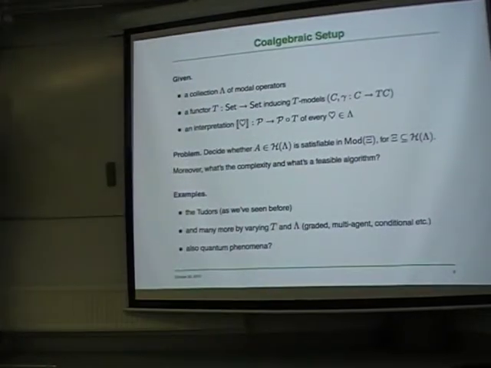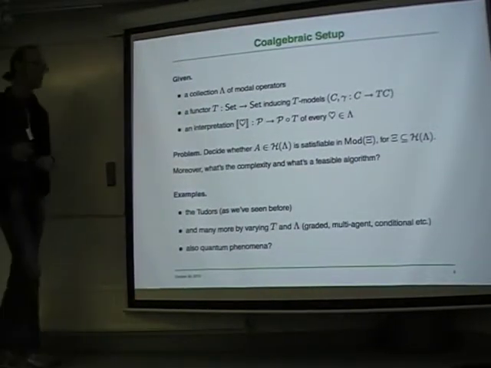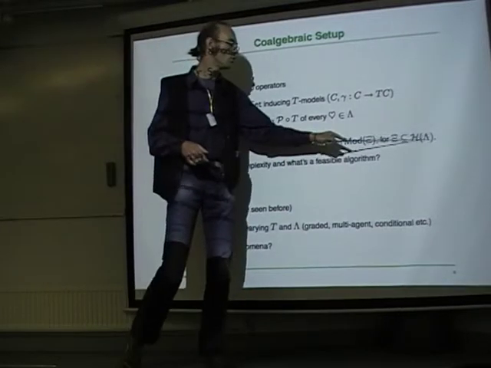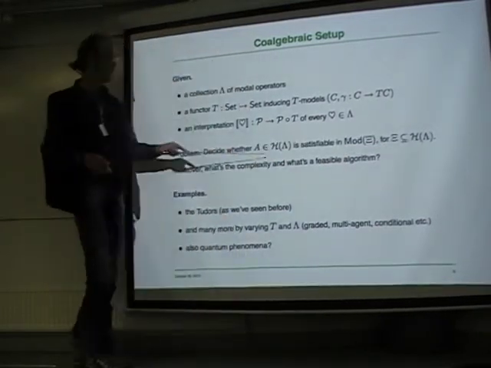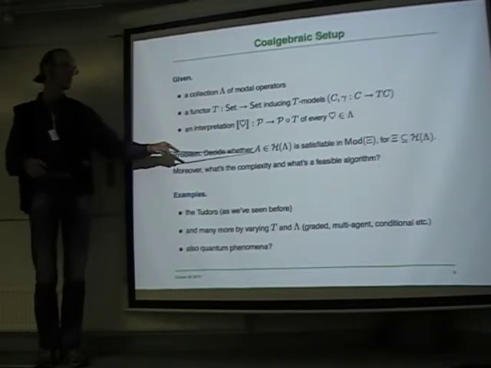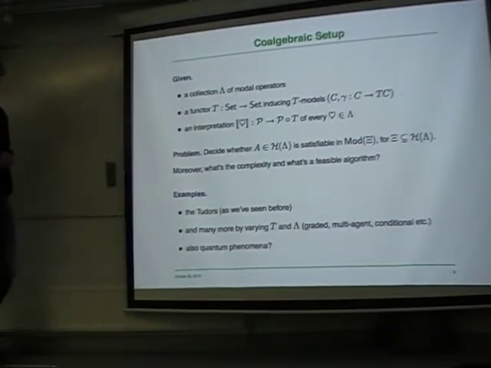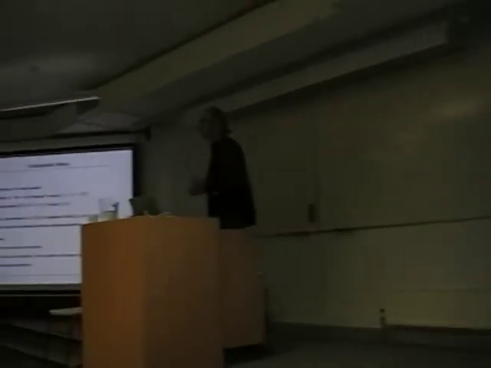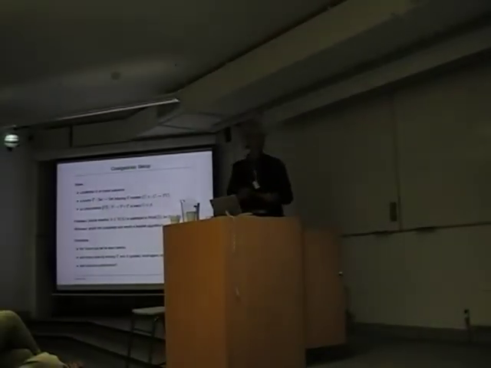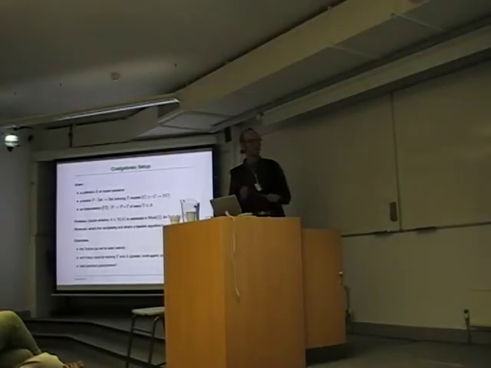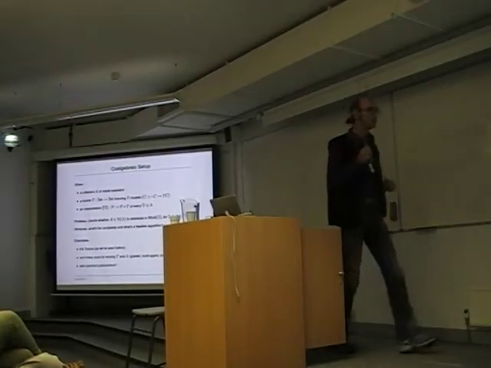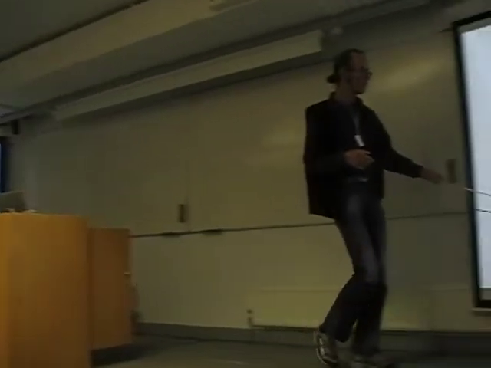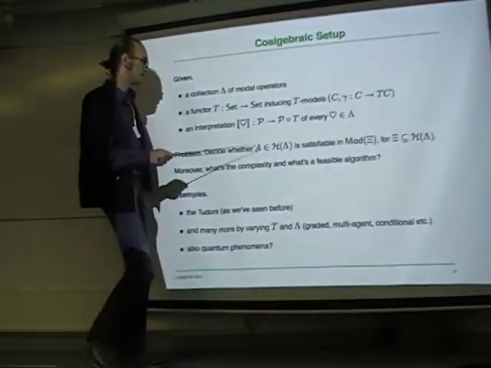In other words, is there a model such that every point satisfies all the formulas in here, and at least one point satisfies A? And we're interested in decidability, complexity, algorithmic issues. So we get lots of examples, essentially by varying the ingredients.